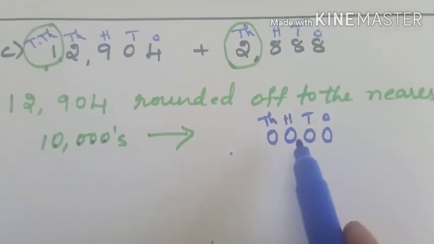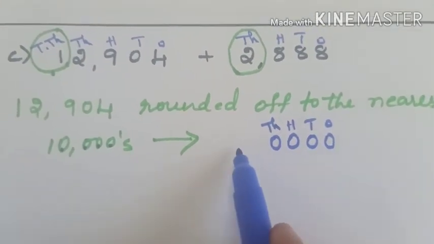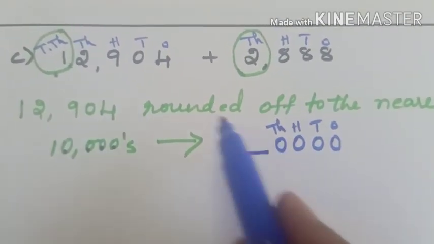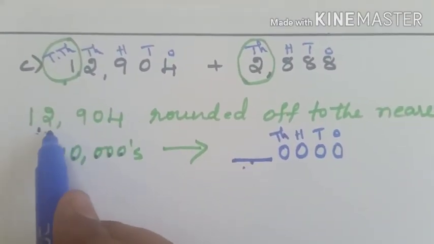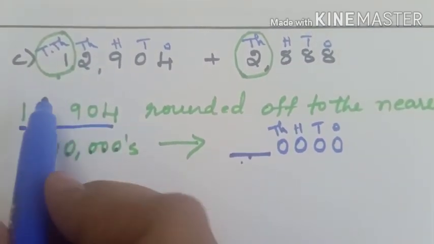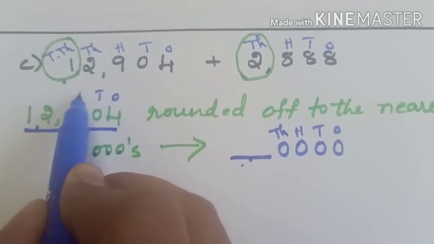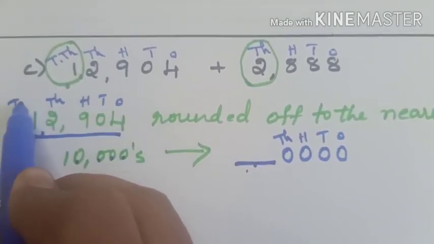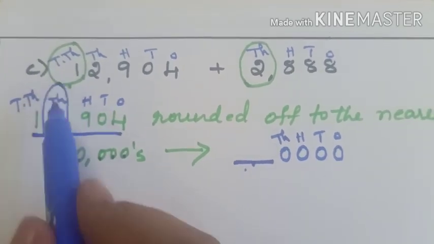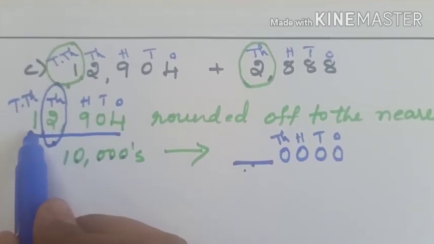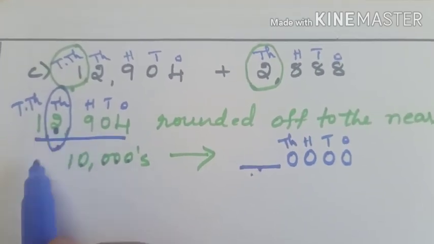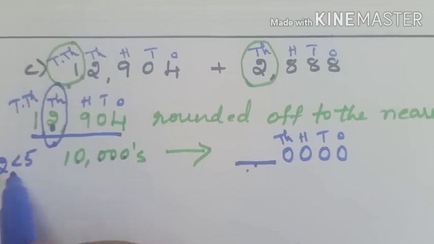Now you have to write the 10,000s place. To fill this place from the given number, what is the given number? 12,904. So here you should check the place value of 1000 to write the place value of 10,000. See, it is 2. 2 is less than 5.